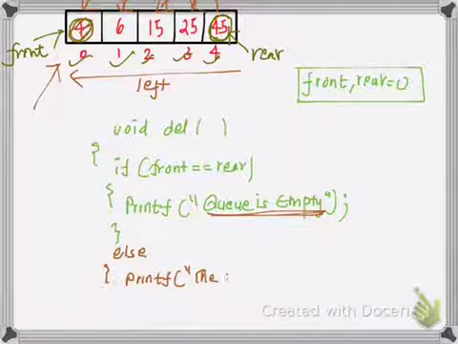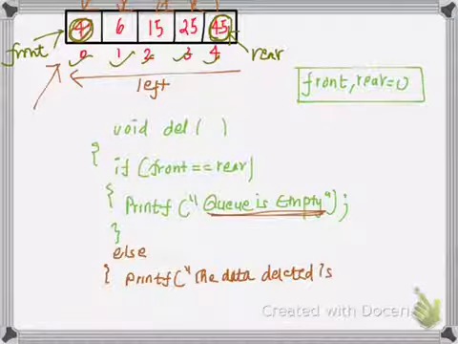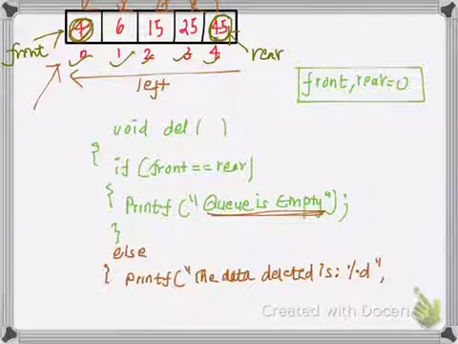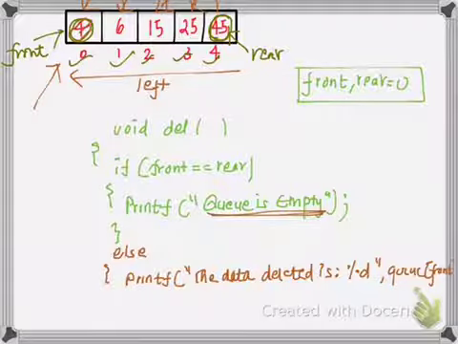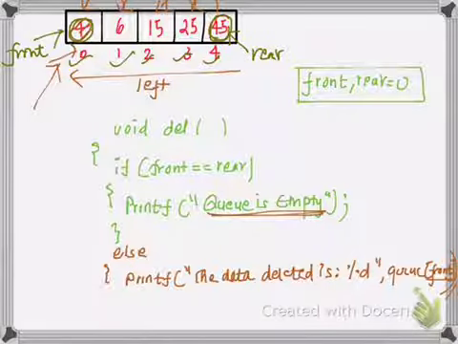The data deleted is, and then %d, this is for the integer, and the data we're going to delete is queue of front. Queue of front is queue of 0, so queue of 0 is certainly 4, and then we have to shift the elements towards the left.